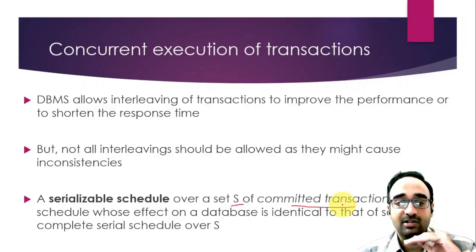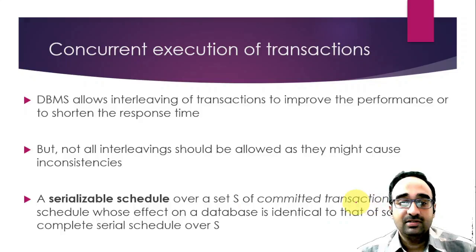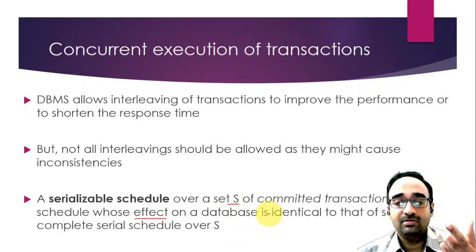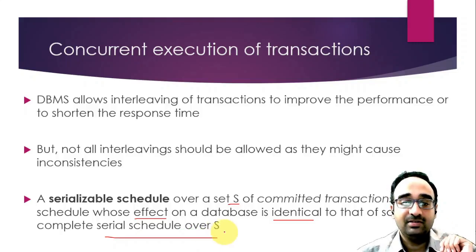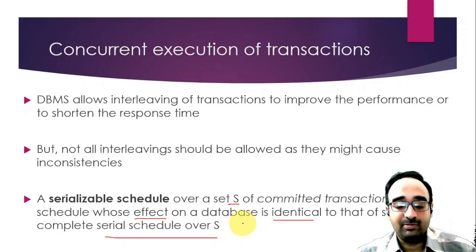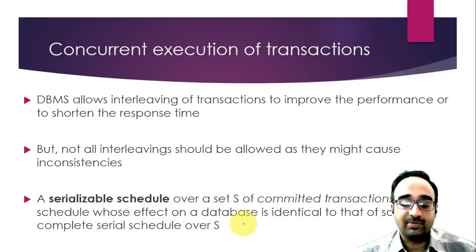Such transactions are called committed transactions. The effect of this schedule S is identical to another serial schedule over the same set of transactions. Don't worry about the definition, I will explain it with an example.